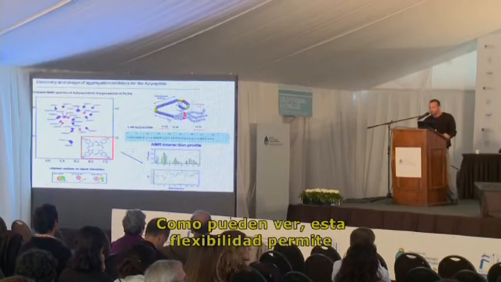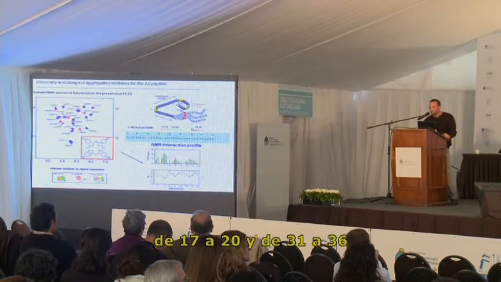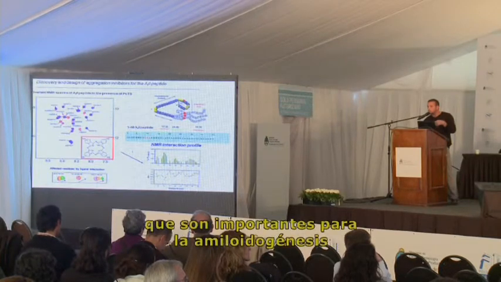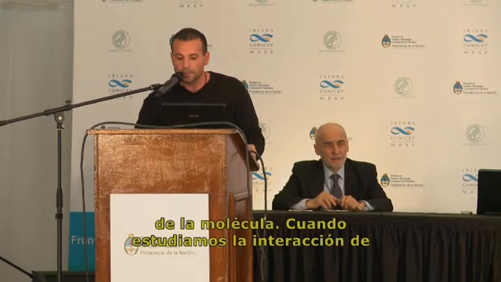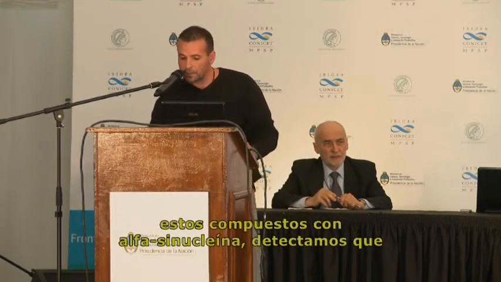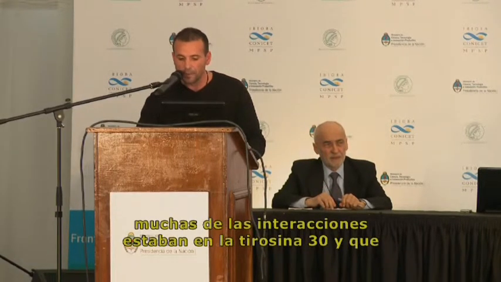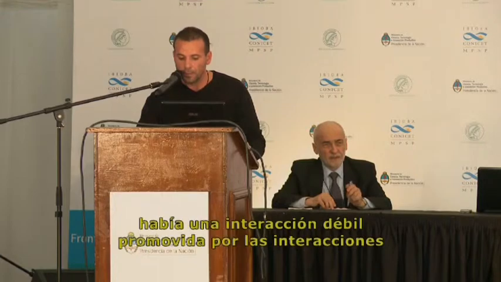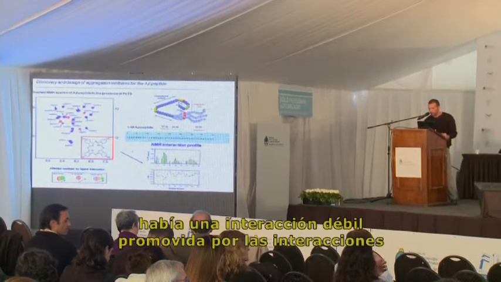And you can see this flexibility allows contact between two regions, between 17 and 20 and 31 to 36, that are important for the amyloidogenicity of this molecule. When we studied the interaction of this compound with alpha-synuclein, we detected a main interaction site around tyrosine 39 and also some weaker interaction driven by hydrophobic interactions.